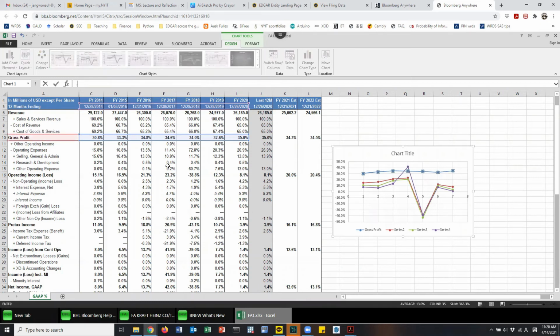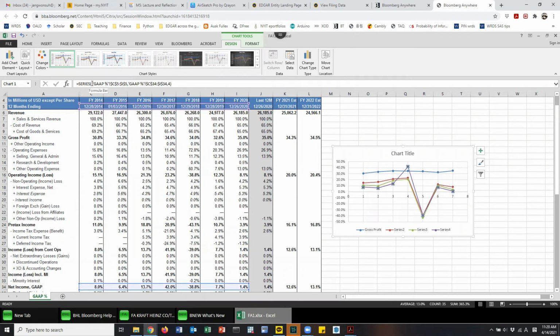Click. Okay, so it's changed to gross profit instead of series 1, 2, 3. Then the next series, you click it, and then you see that it is about net income. Another series, okay, it is about operating income. Another green series, okay, it is about pre-tax income.